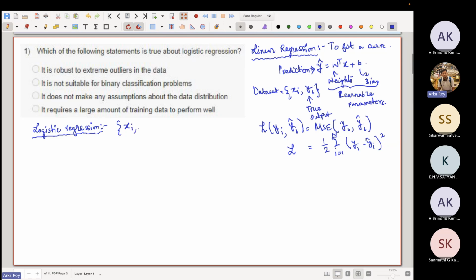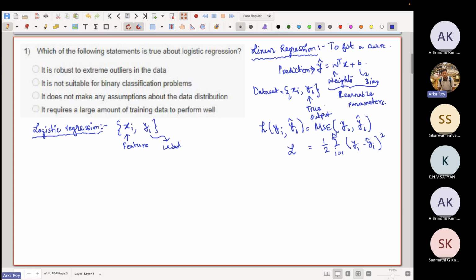You have xi, which is the feature, and you have yi, which now represents the label, whereas previously yi was the true output, which was also a real number.